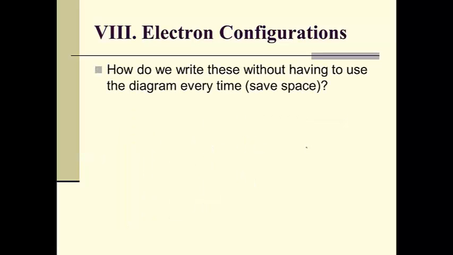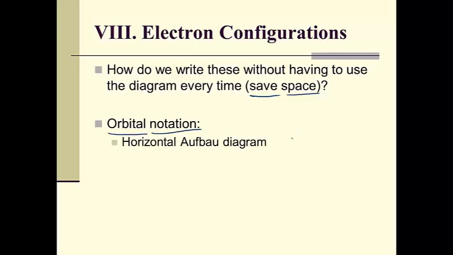Now, how do we write the electron configuration without having to draw the Aufbau diagram and make it really tall every time? In other words, how can we save space? In your textbook, when it asks you to write the orbital notation, basically you're doing the same thing as what we just did, but instead of going vertically, we go horizontally.